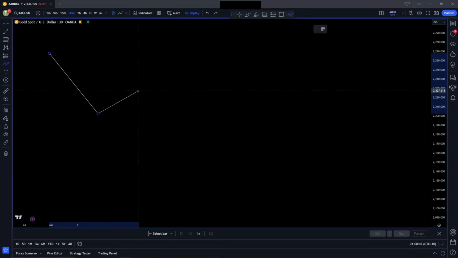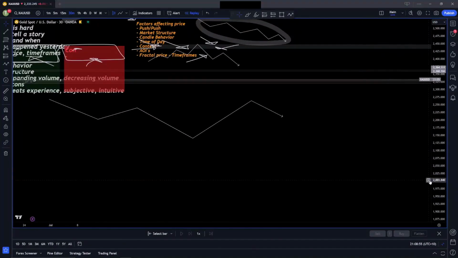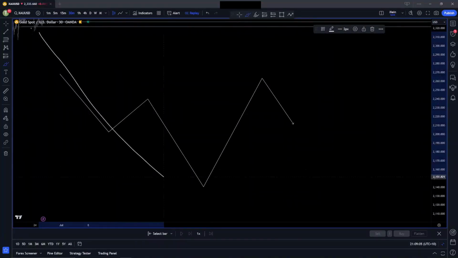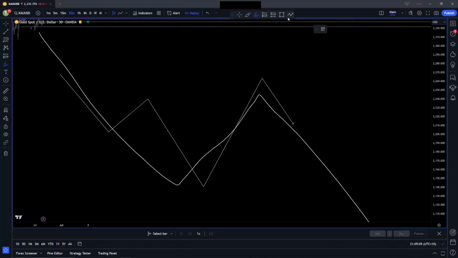Because you can have something like this, but if overall the larger time frame is looking bearish here, even though you have a shift.